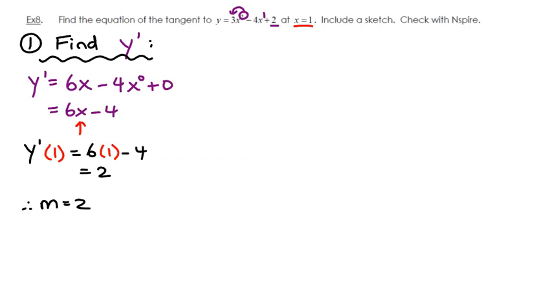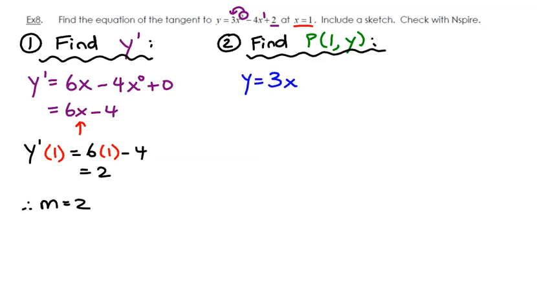I probably need a point as well. So if I do the point, let's see, number 2. Let's find a point. What is the point when your x is 1? I don't know what my y is, so maybe we should find that. All right, so we're going to use our original formula for y, but wherever I see an x, I'm actually going to get rid of that and put a 1 instead.